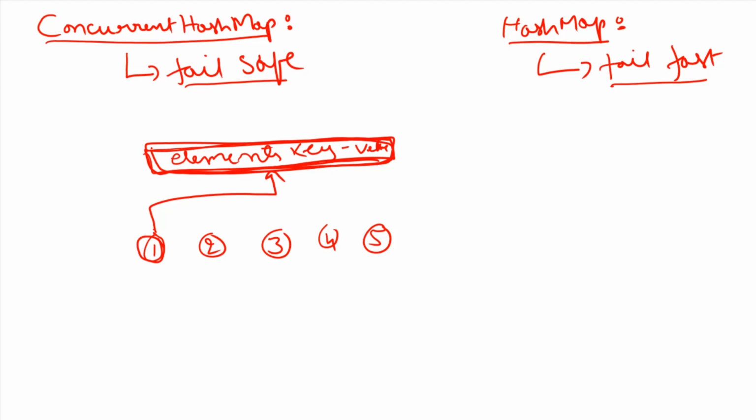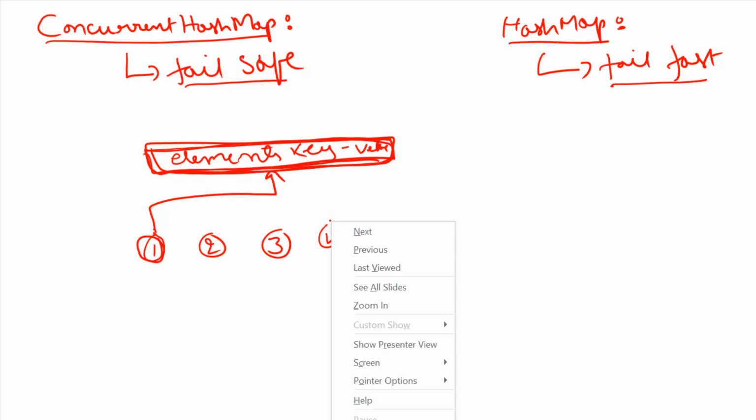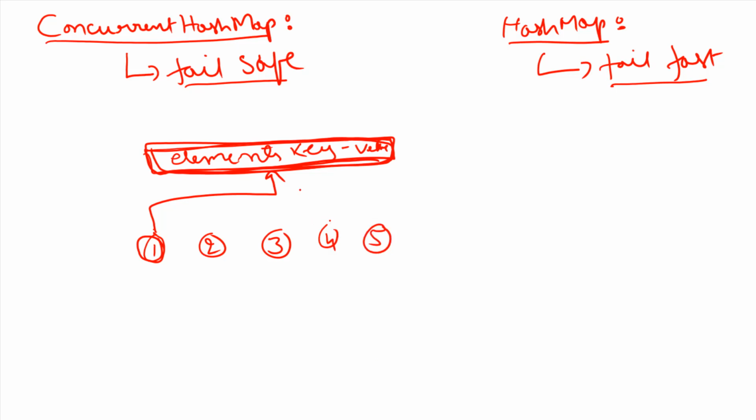At the same point, let's say the fourth test also needs to access this map and has to do some changes to this map. But here the first test is already making some changes to this map. So when the fourth test accesses this one, then it may fail because the first test is already working on the map. If it fails, then that is fail fast.